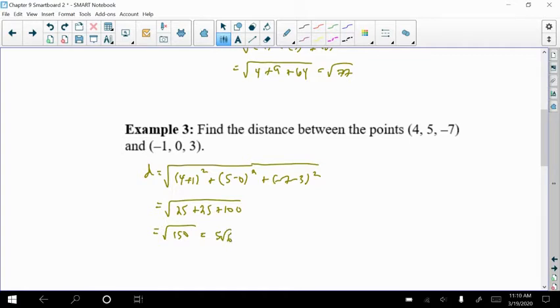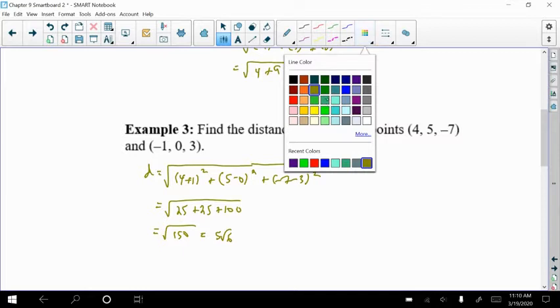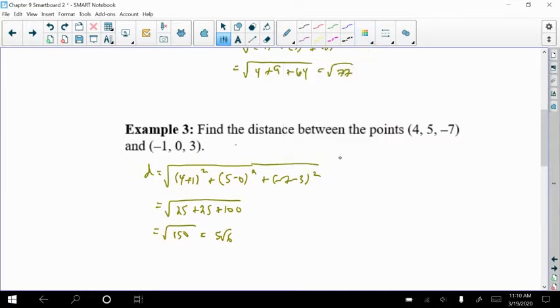Now, if I had thought about this from a vector component perspective, I could have thought: how do I get from 4 to negative 1? I'd go down 5, so negative 5i. How do I get from 5 to 0? I go down 5 as well, so negative 5j. How do I go from negative 7 to 3? I go up 10, so 10k. Then this position vector, I could call vector v.